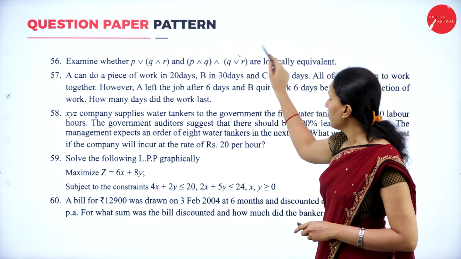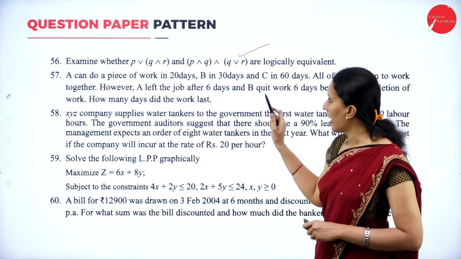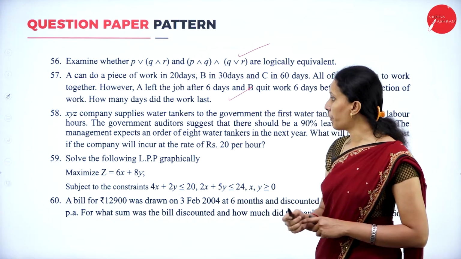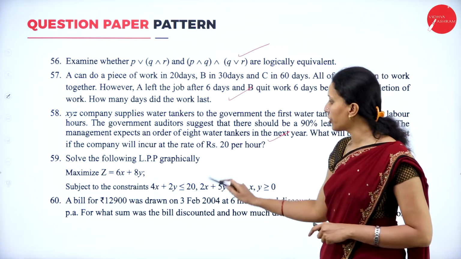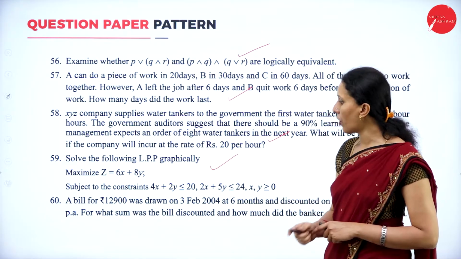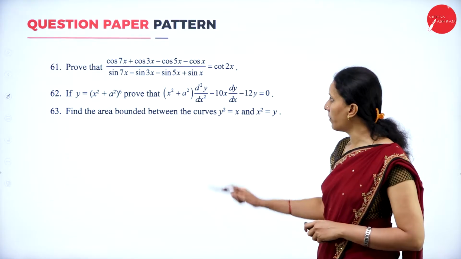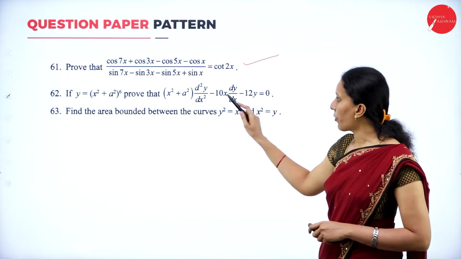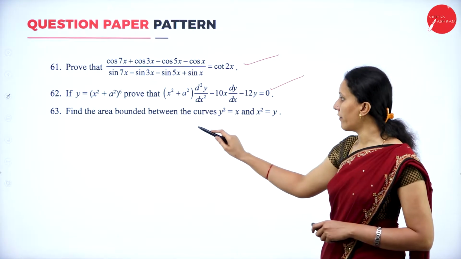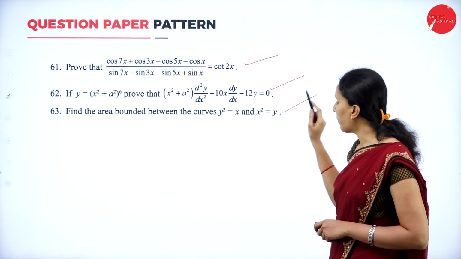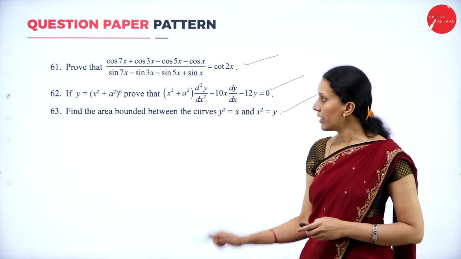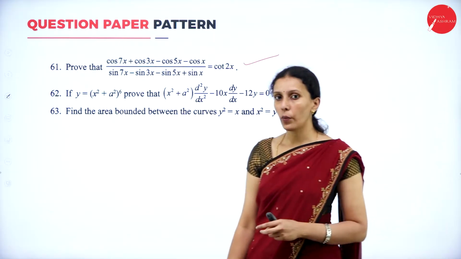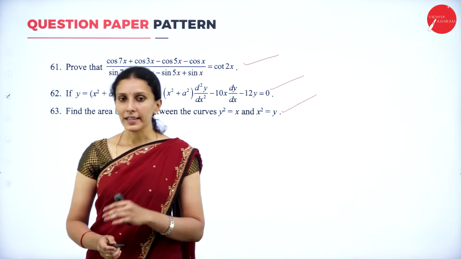Then 1 mathematical logic question, 1 ratio and proportion question, 1 learning curve question, 1 linear programming problem, 1 bill discounting problem, 1 trigonometry problem, and second order derivative. And here you have applications of definite integrals to areas. So these are the important 5 mark questions they will give you for part D section.